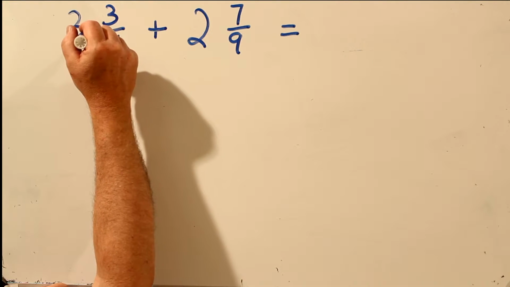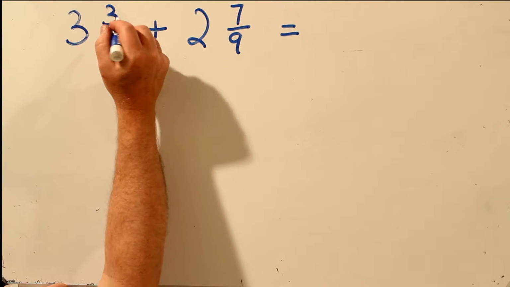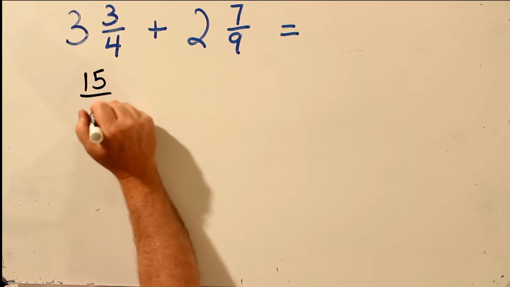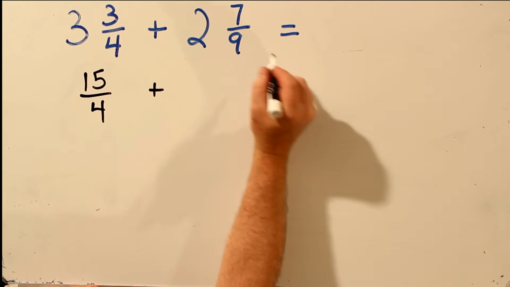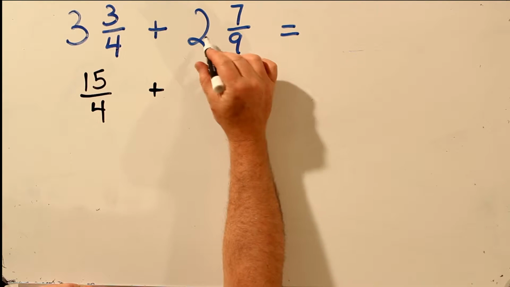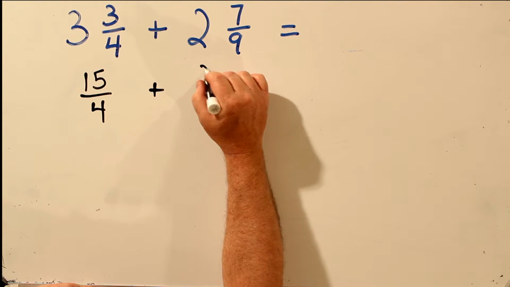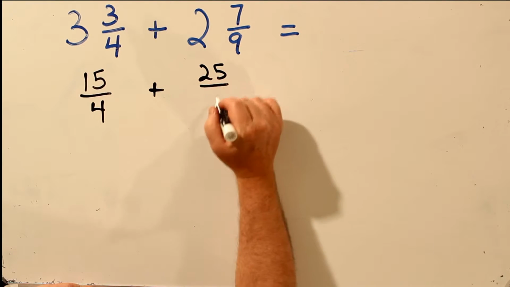So the shorthand way is to multiply 3 times 4 and add 3, which is 15, and keep the bottom number the same. And for 2 and 7/9, multiply 2 times 9 is 18, plus 7 is 25, and keep the bottom number the same.